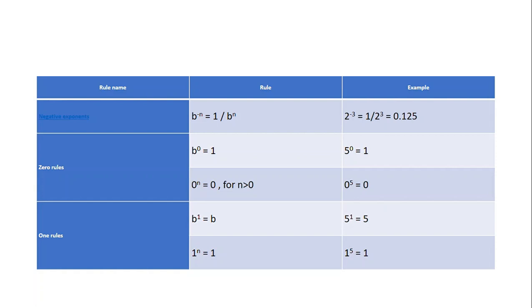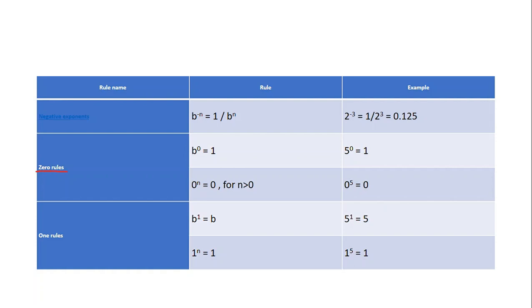For example, 2 to the negative 3rd power. Then 2 has a number 1 at the bottom. If you switch 1 and 2, then immediately the exponent changes the sign. Then it's going to be 1 over 2 to the 3rd power, or 1 over 8. 1 over 8 is 0.125.